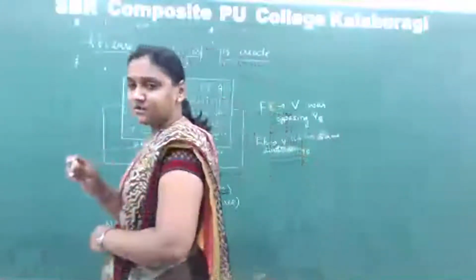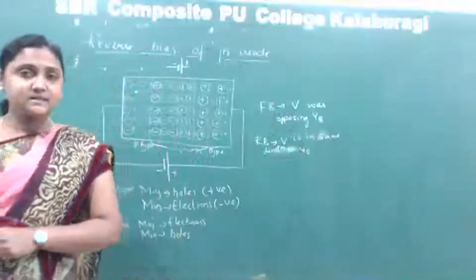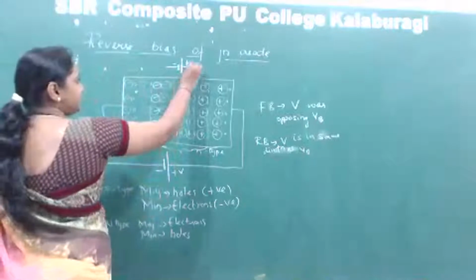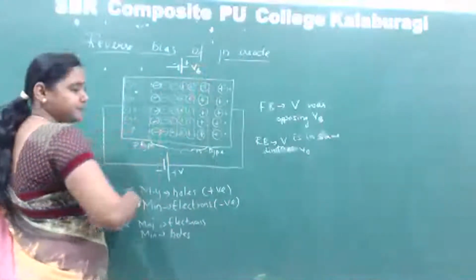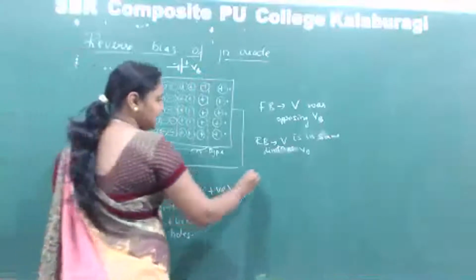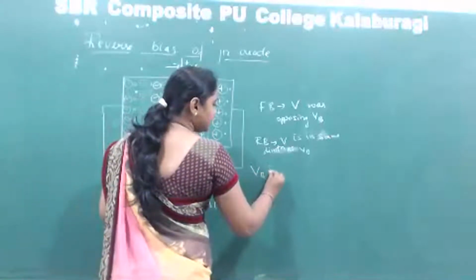So hence it is not going to oppose it. This V is not going to oppose this VB. So what is going to happen basically is that VB is going to increase.